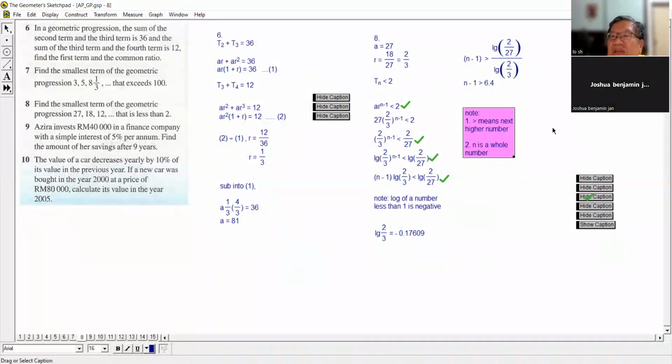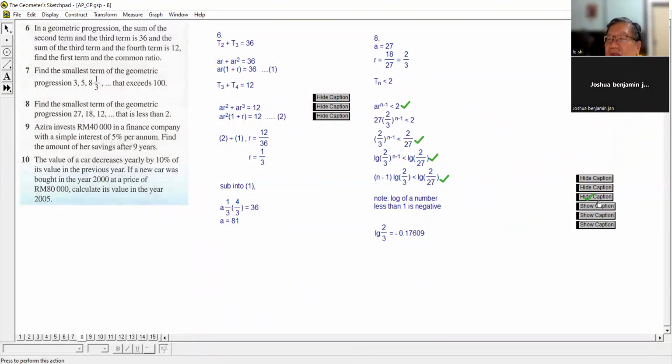So this log 2/3 is a negative number. So when you bring this negative number, log 2/3, over, the inequality sign needs to change.